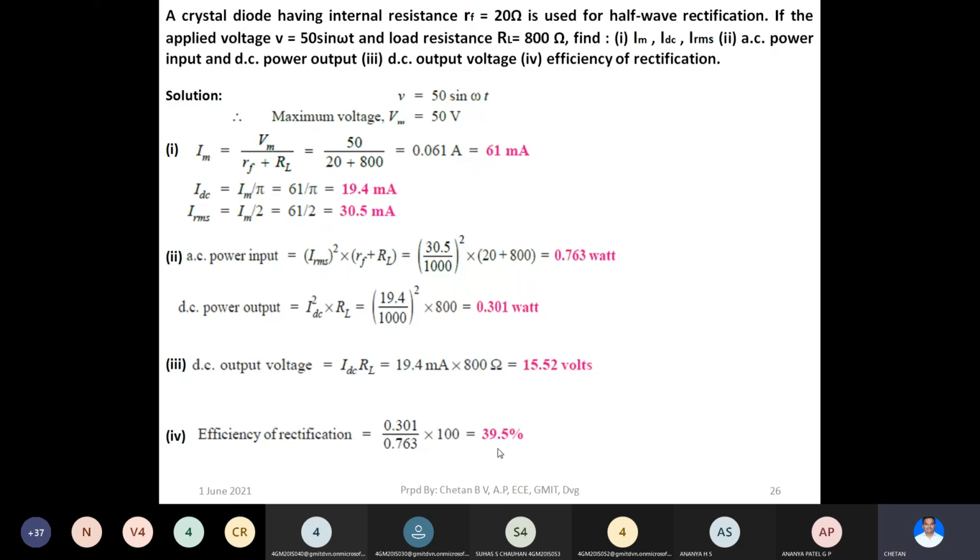For a half wave rectifier, you will get an efficiency closely equal to 40%. This should be in your mind. Whatever efficiency you get for a half wave rectifier in any problem, it should be somewhere near 40%. If they give an ideal diode, this value will come equal to 40%. But if they mention some RF value, it would not be an ideal diode, and you will get a rectification efficiency slightly lower than 40%. Here it is 39.5.